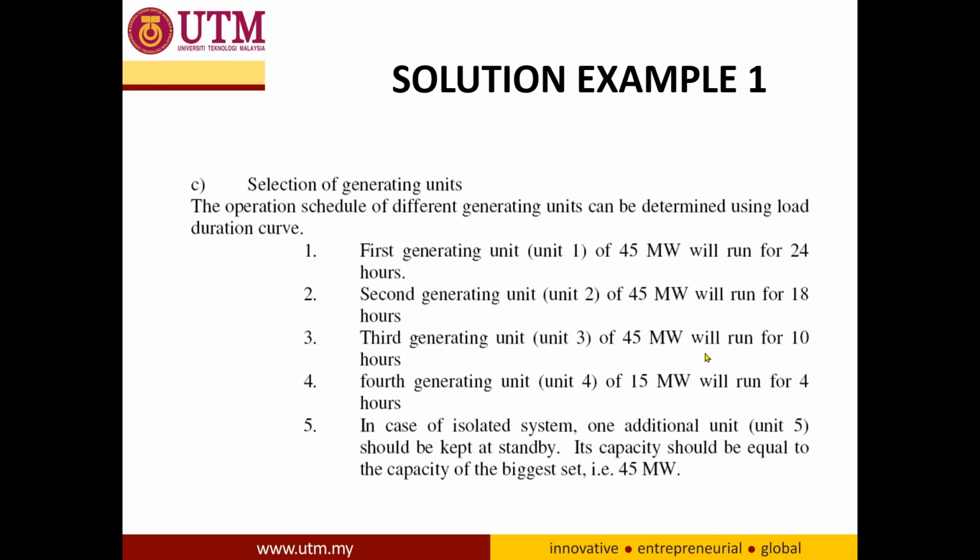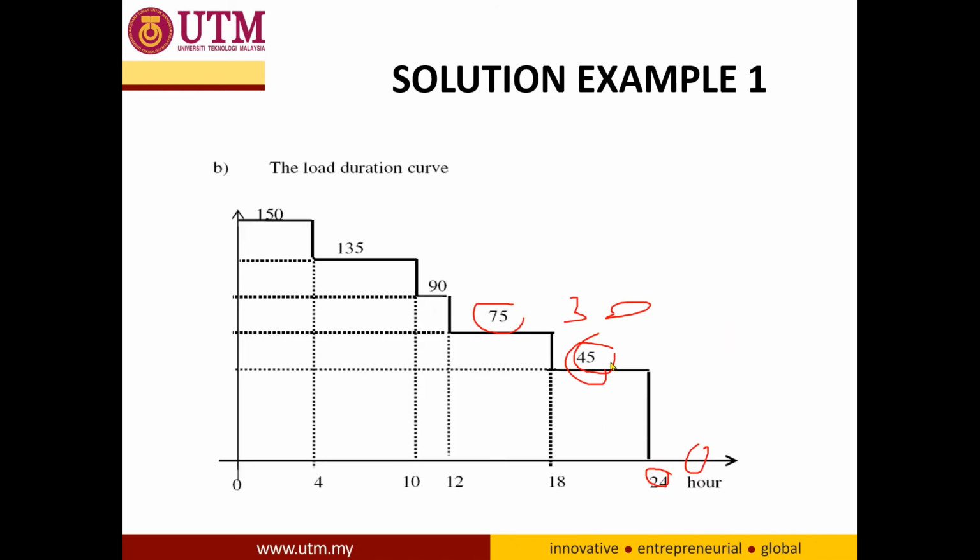But it's okay. You should just look here. 45 minus 0 is 45 for 24 hours. 75 minus 45 is 30. 30 for 18 hours.